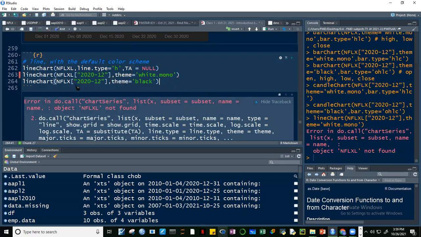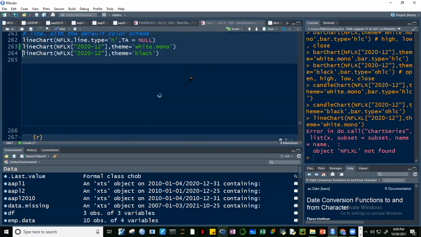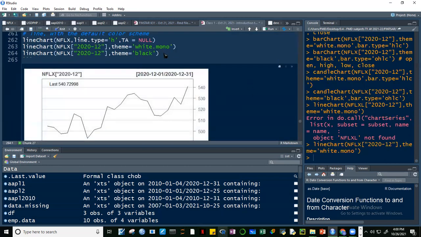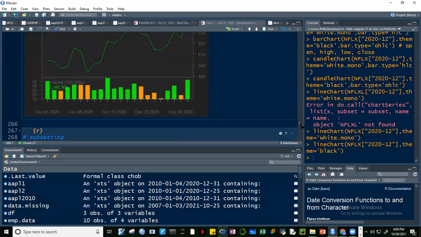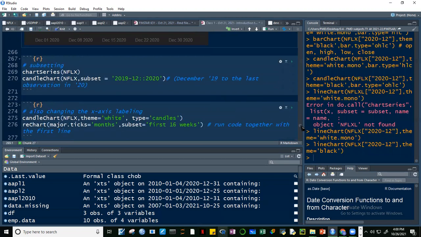Oh, sorry, Netflix, wrong spelling. This is a line chart, guys, and this is also a line chart, similar to the plot series.